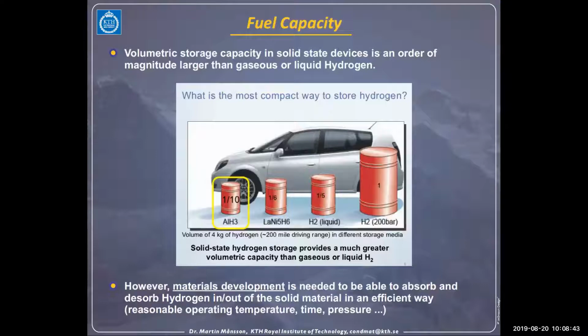But the name of the game is the same as for batteries basically. Solid state means it is difficult to transport ions, in this case hydrogen. So the operation temperature is too high, so we need to do material science and improve this. We can do this much more efficiently at low temperature. So this is really the name of the game here too. Just all the same.